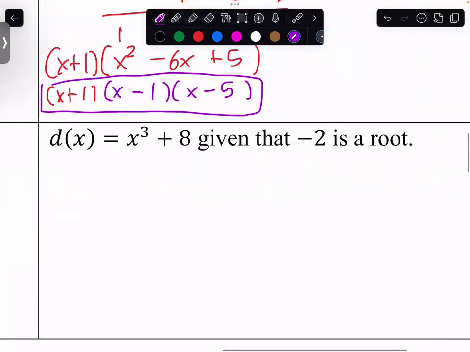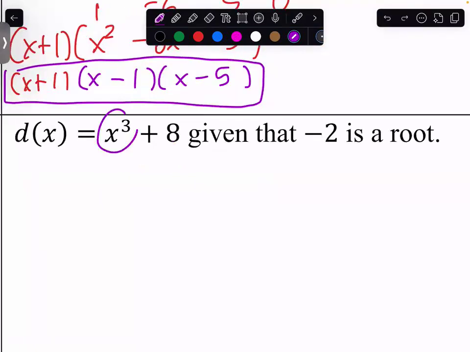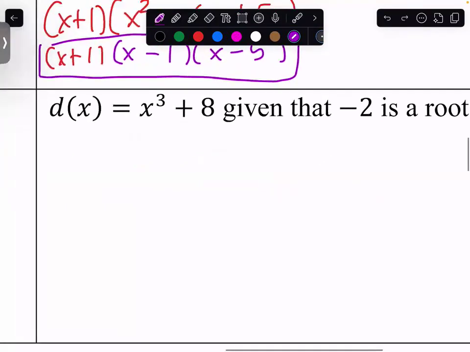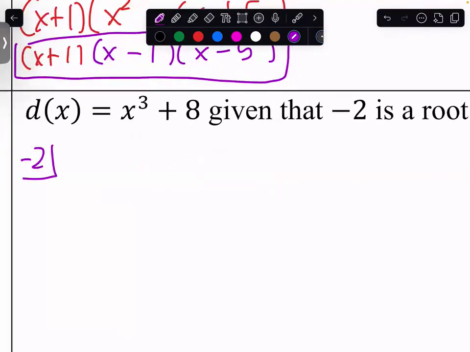Okay, and then over here, you may remember from that factoring review day, one of the extension problems was how to factor a sum of cubes. You might recognize that x cubed is x cubed and 8 is 2 cubed, right? So naturally you might try 2 or -2. Let's see, is -2 a root of this? So this would be 1x cubed plus 0x squared plus 0x plus 8.